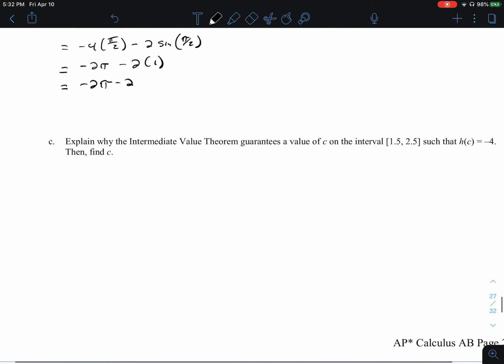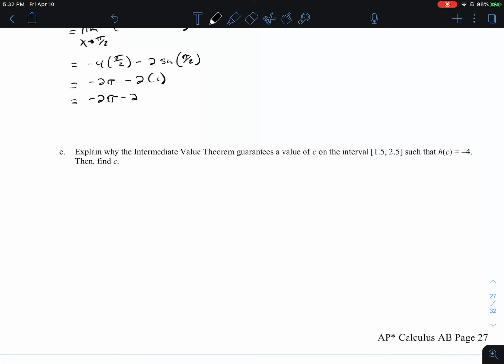Number 6. Explain why the intermediate value theorem guarantees a value of c on the interval from 1.5 to 2.5 such that h of c is negative 4. Well, let's see.